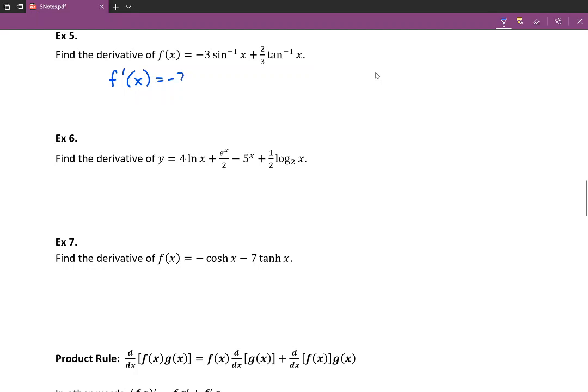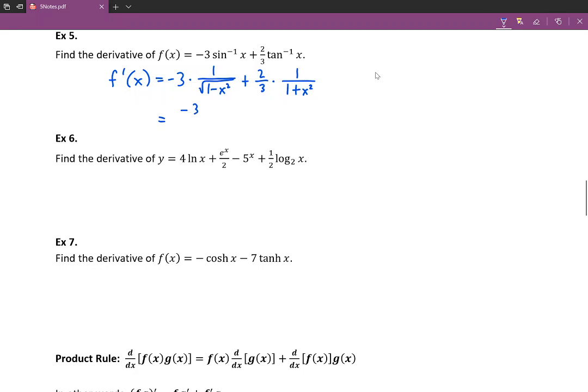So then we have negative 3 times the derivative of inverse sine, which is 1 over the square root of 1 minus x squared, plus 2/3, constant multiples always hang around, times the derivative of inverse tangent, which is 1 over 1 plus x squared.